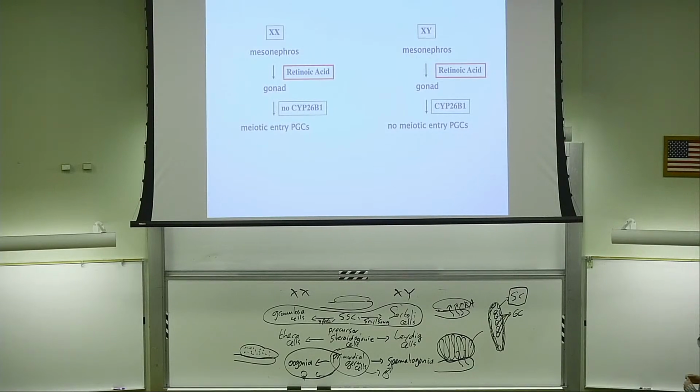So, what does that mean for these germ cells that are surrounded by these Sertoli cells? Do germ cells in the fetal testis see retinoic acid? Yes or no? No. The Sertoli cells get rid of the retinoic acid because of that enzyme.